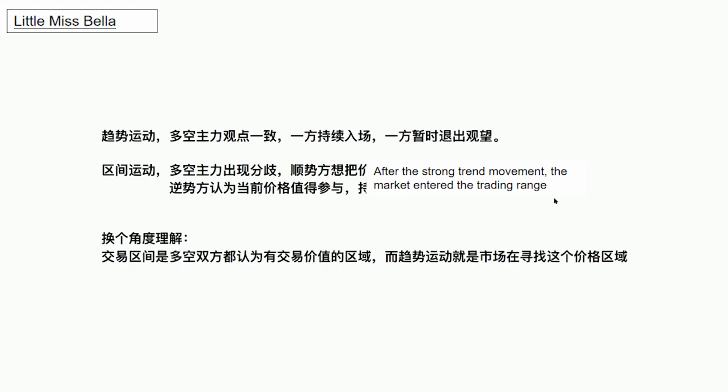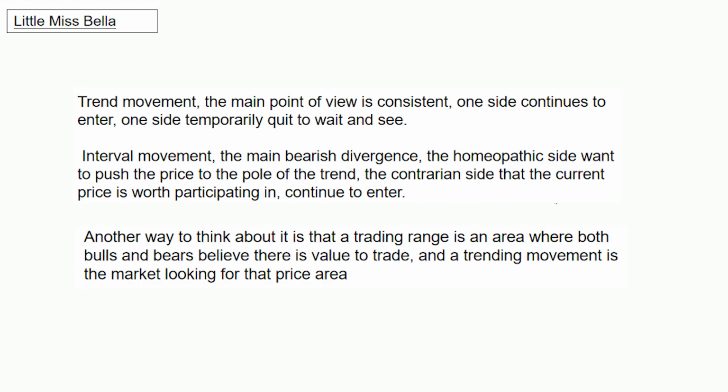We should focus on observing the movement of the long and short main forces from the same view. One side continues to enter, one side temporarily exits. In the wait-and-see range movement, the diverging side of the long and short main forces wants to push the price toward the trend, while the countertrend side believes that the current price is worth continuing to enter.